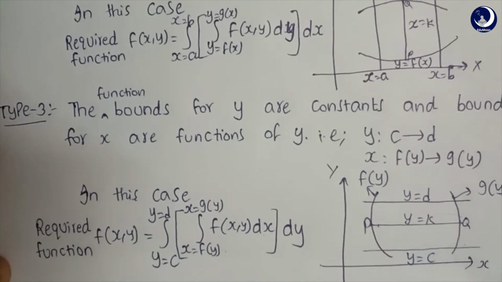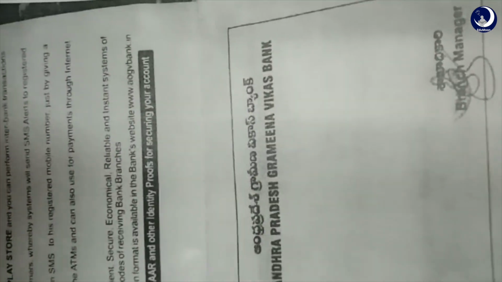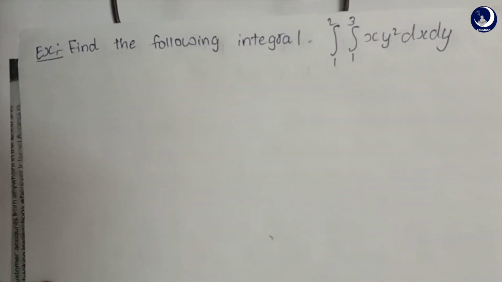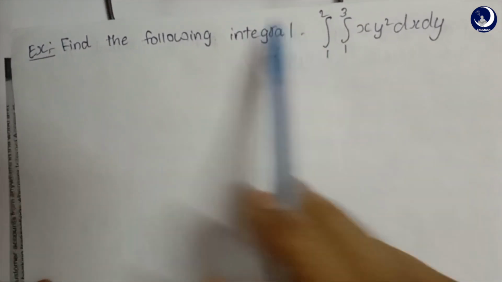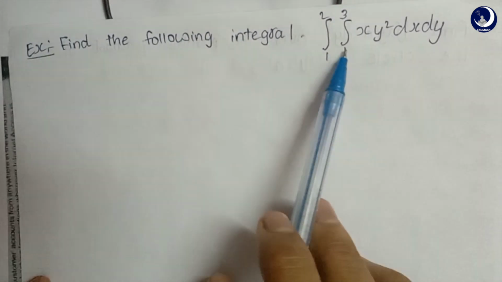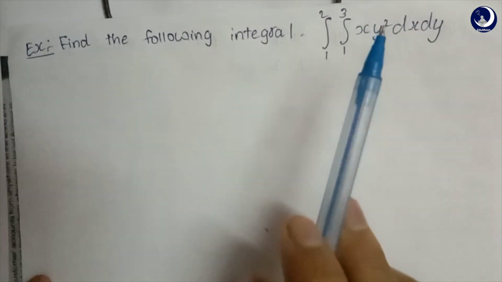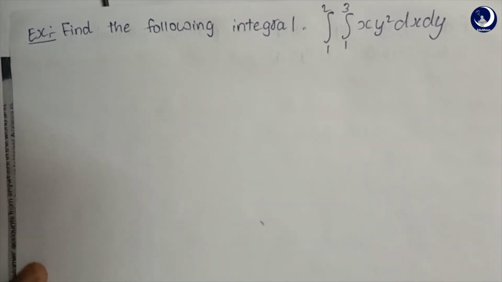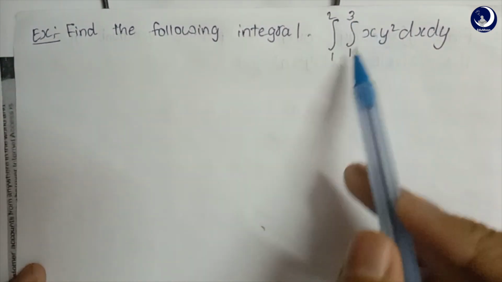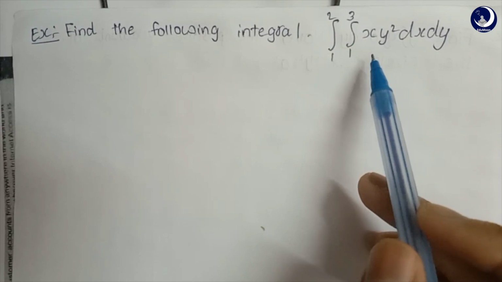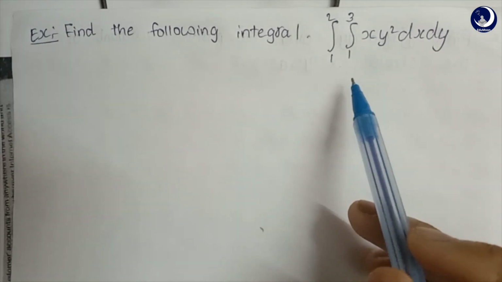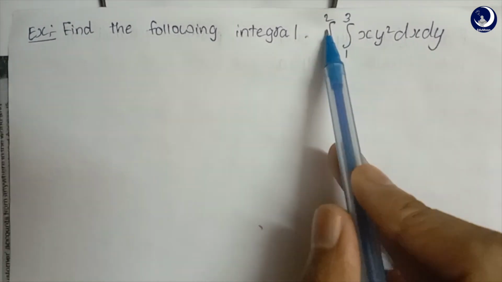Now let us do examples. See this example: find the following integral, 1 to 2, integral 1 to 3, x y square dx dy. If you see this, the limits are constant numbers, natural numbers. So there are no variable limits for the x function and the y function.